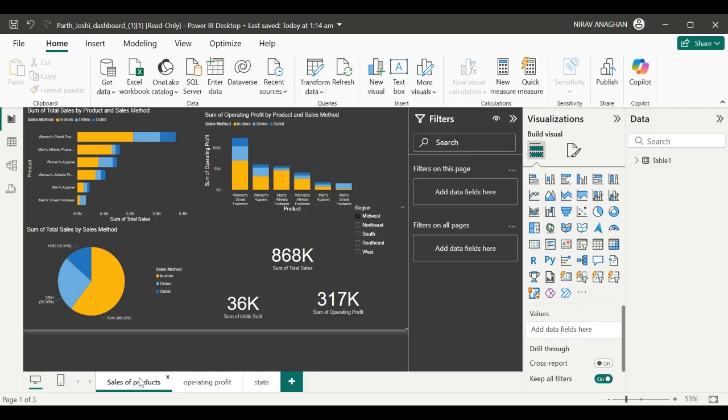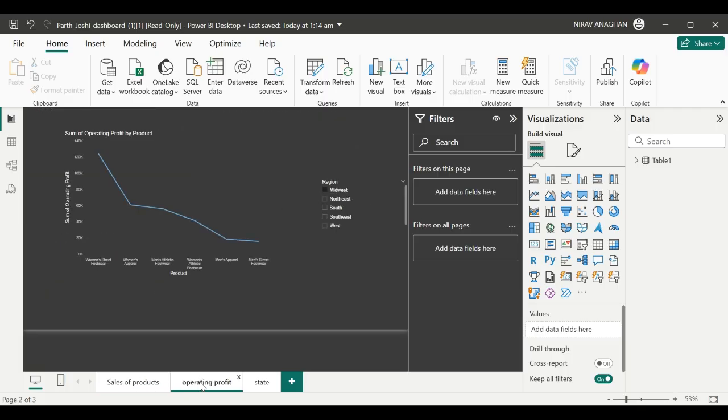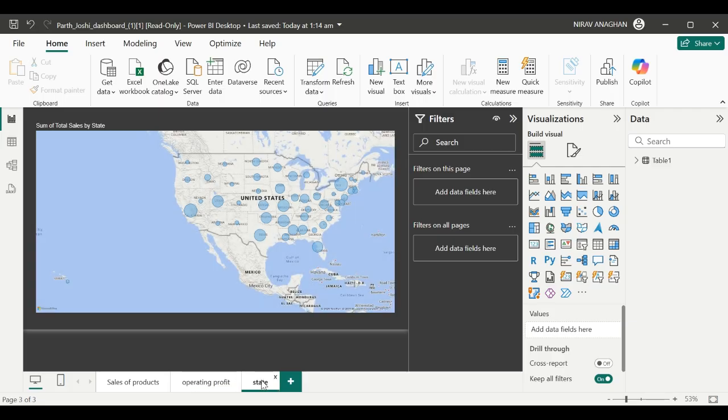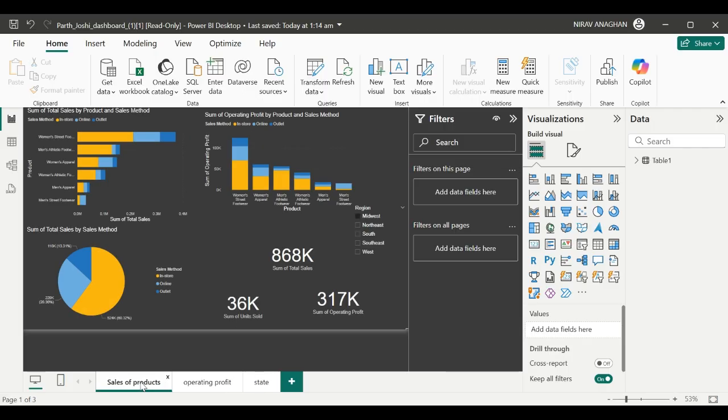By using this software and this dashboard, we can draw the conclusion that the sum of operating profit in the midwest region is the highest. So the company should transfer more resources to other regions to increase sales there. Since California has the highest selling, the company should be more innovative there and try to convert more customers. Sales of women's products are more than men's products.